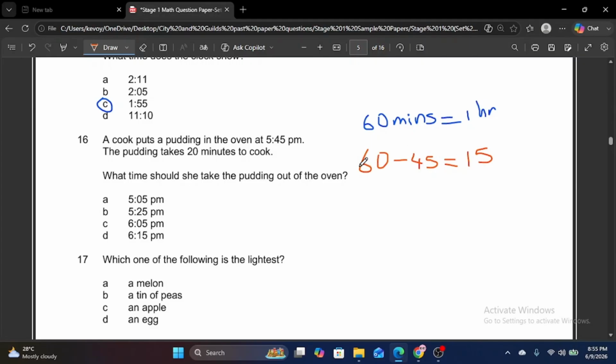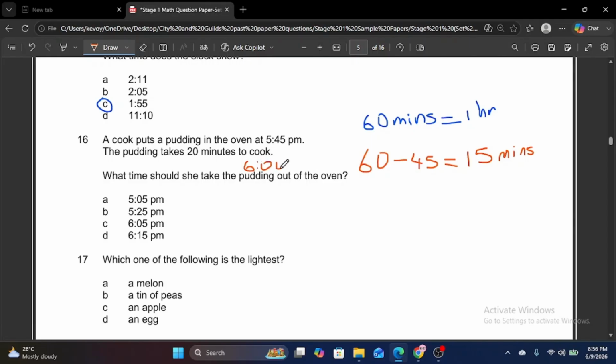So that means 15 minutes. If I add 15 minutes to that 45 right there, it's going to be 1 hour. So 1 hour plus the 5 hours already, that's going to be 6 o'clock, if I add the 15 minutes.